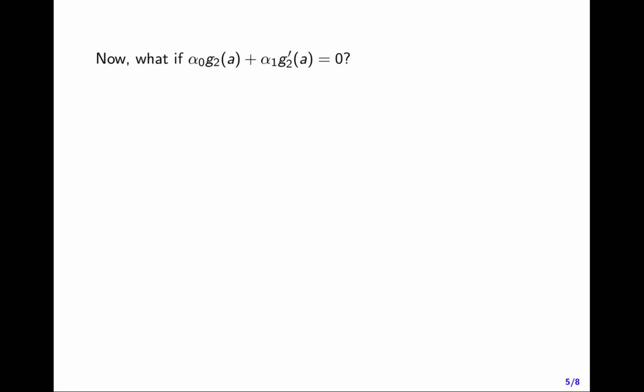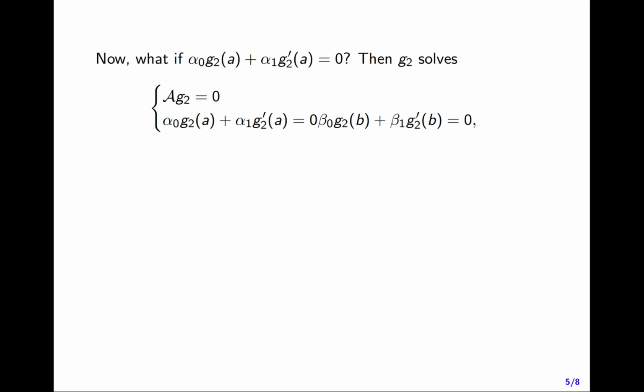But what would happen, say, if g2 also satisfies the boundary conditions at A? Remember, we want g1 and g2 to solve the half BVPs. So we don't want g2 to solve the boundary conditions at A. Well, if you have g2 solving the boundary conditions at A, alpha 0 times g2 of A plus alpha 1 times g2 prime of A equals 0, then what do you see?